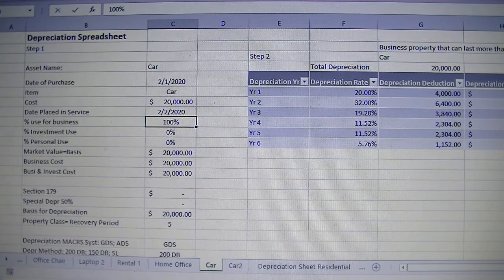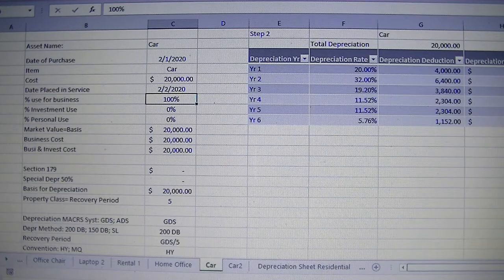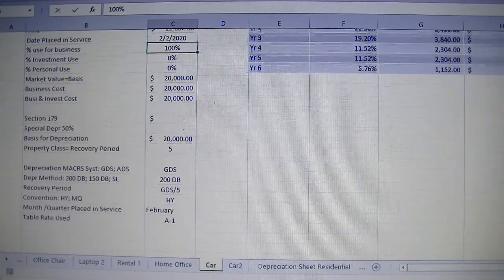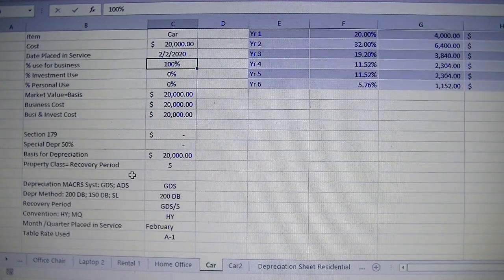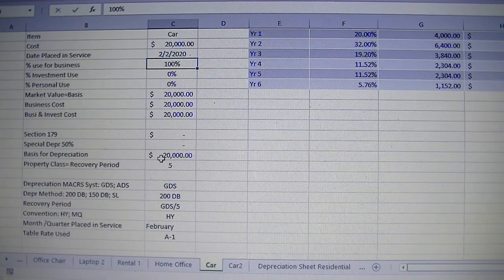So basis for depreciation. Let's see. Basis for depreciation is going to be business and investment use minus Section 179 minus special depreciation, and it's going to be 20,000.